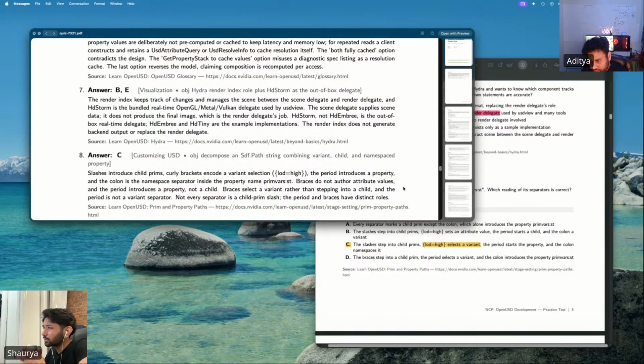The period starts the property and the colon namespaces it.